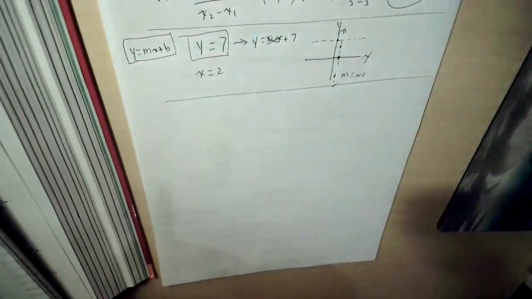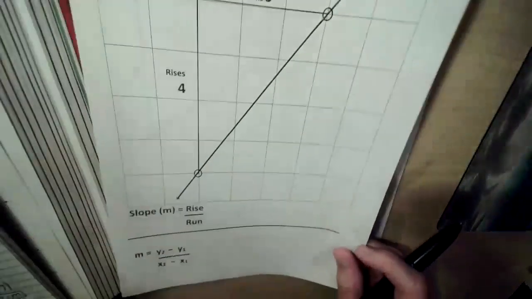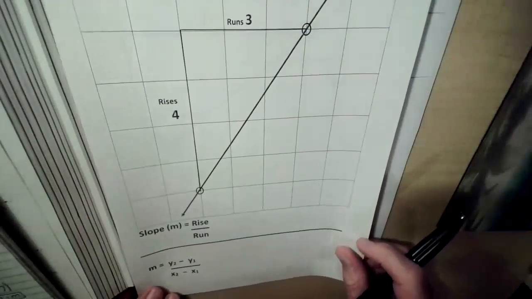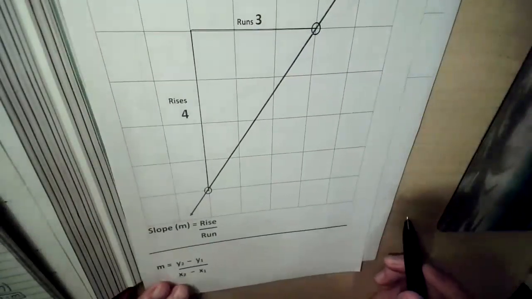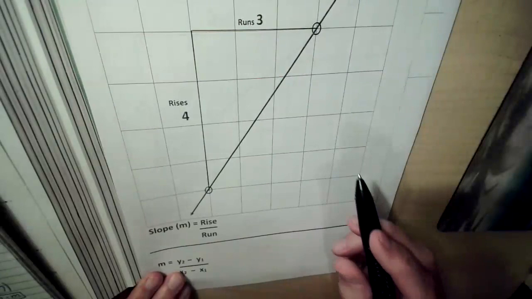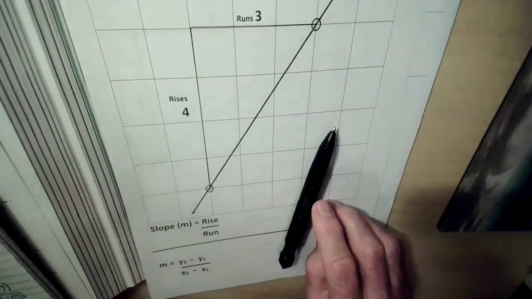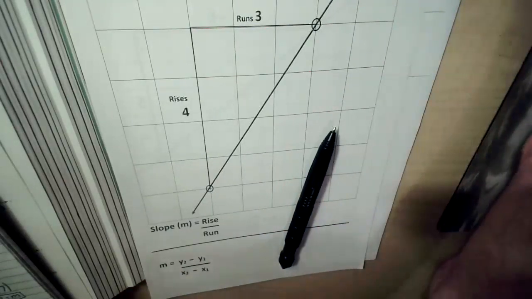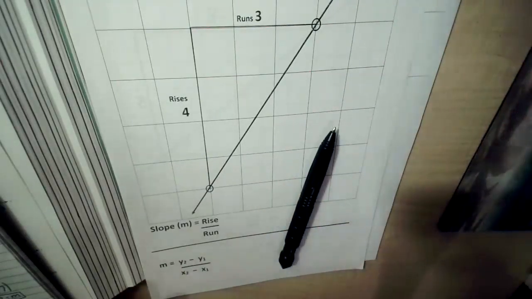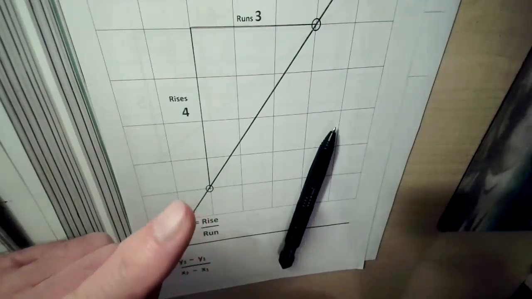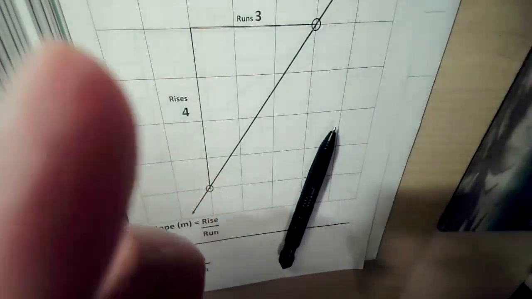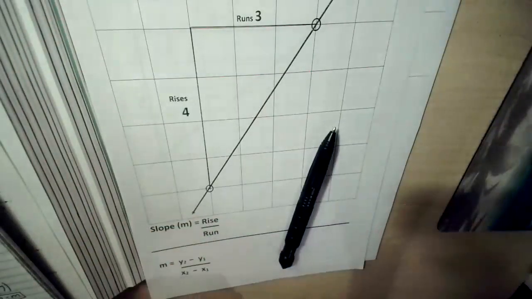Now, we also talked about slope as rise over run. What you have to do here is find 2 points of intersection. An intersection, just like when you're driving your car and you come up to a stop sign, not necessarily a stop sign, but where two roads cross. And that's basically what we have here. We have a grid of what could be streets.